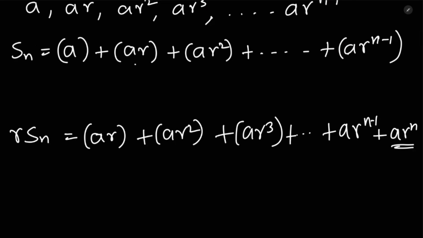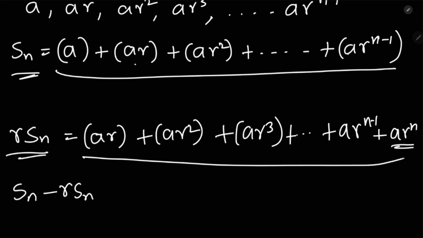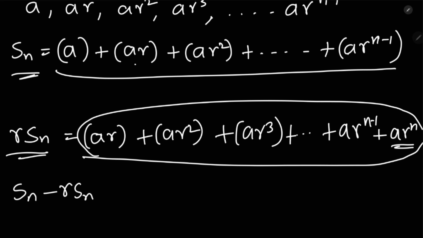Now let me subtract this term from this term, so Sn minus r times Sn, and you'll be able to see that all these terms of the second terms, if we subtract them from this sum, will all cancel because they are common, till a times r power n minus 1.